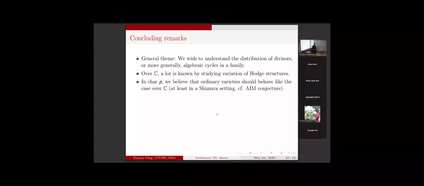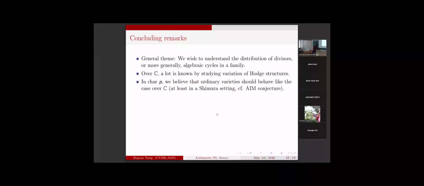In characteristic p, we believe that the ordinary varieties should behave pretty much like the case over C, at least in a Shimura setting. I mean, for varieties parameterized by Shimura varieties. And there is an AIM conjecture, which tries to make this statement precise.